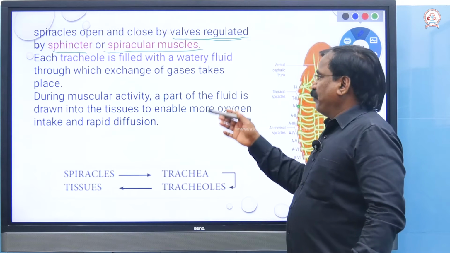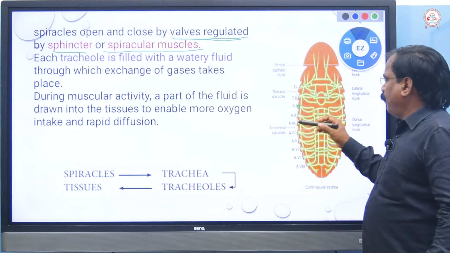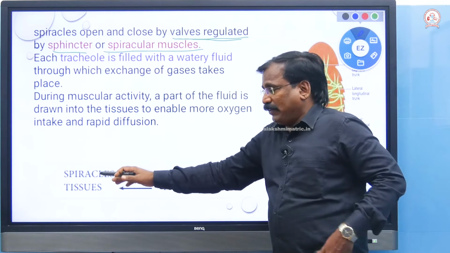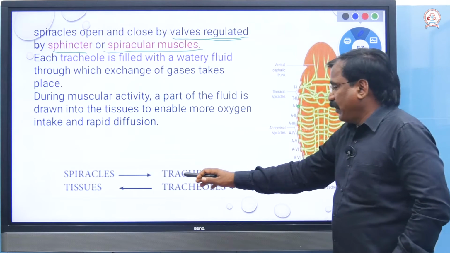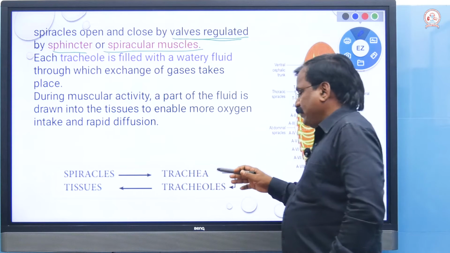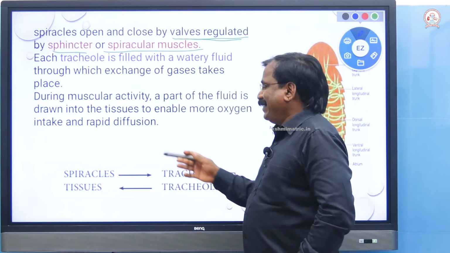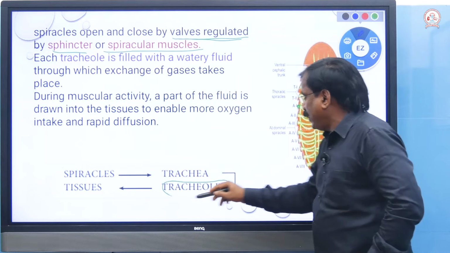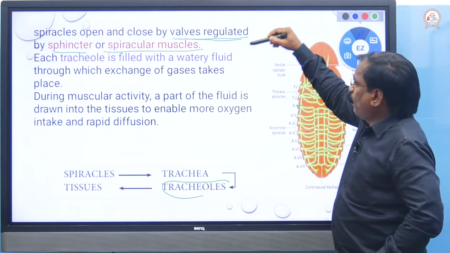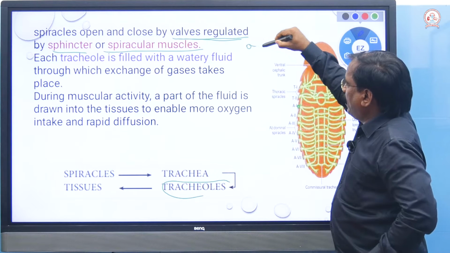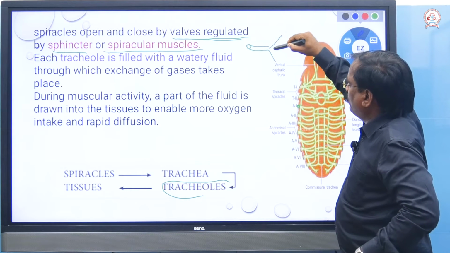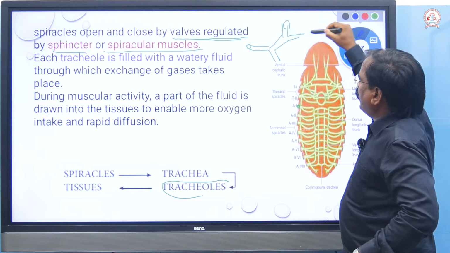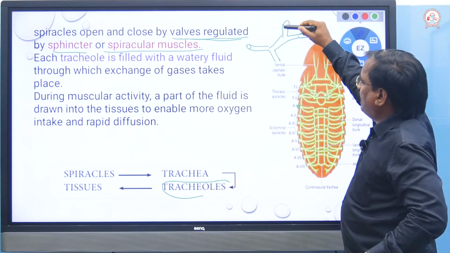One more thing. The passage is spiracles, then trachea, branched into tracheoles, which transport to the tissues. In the tracheoles, some fluid is filled.